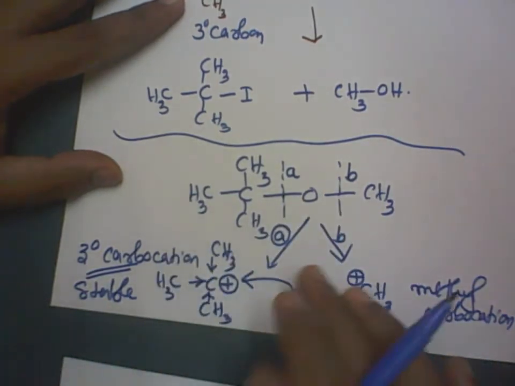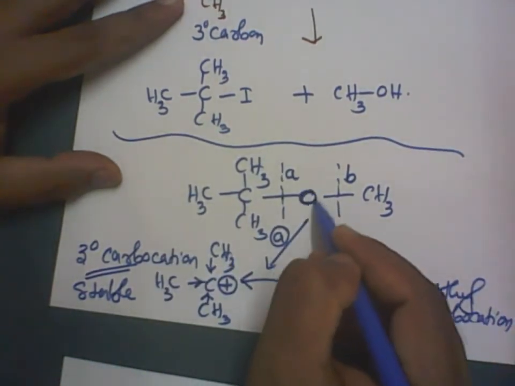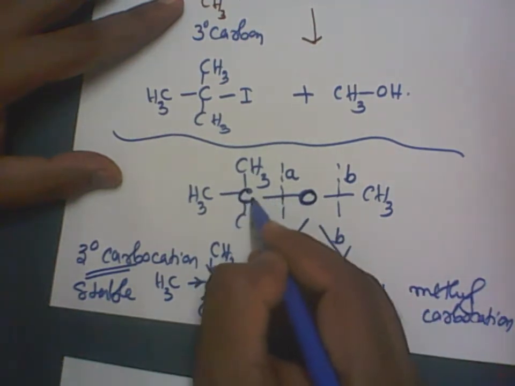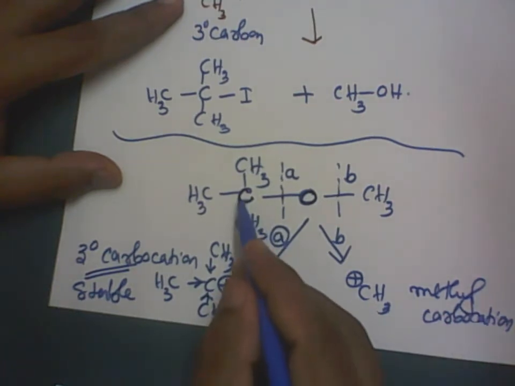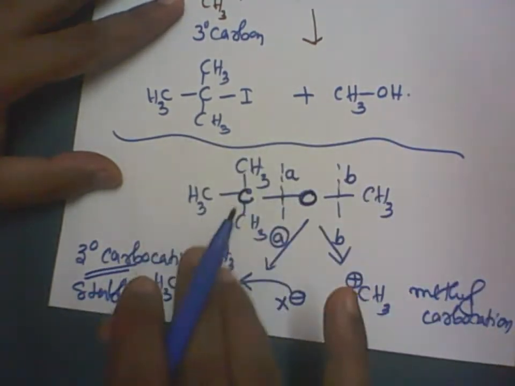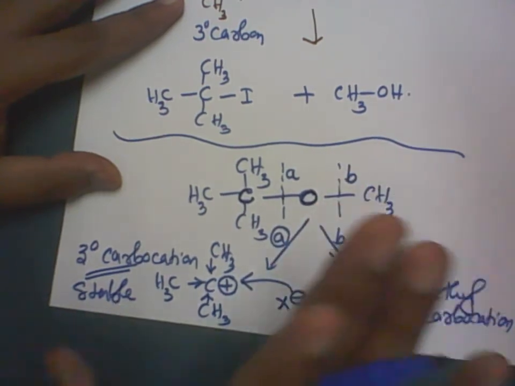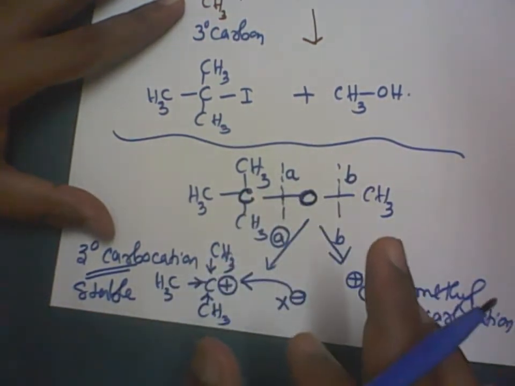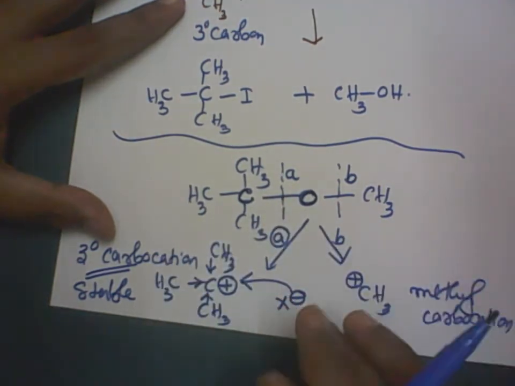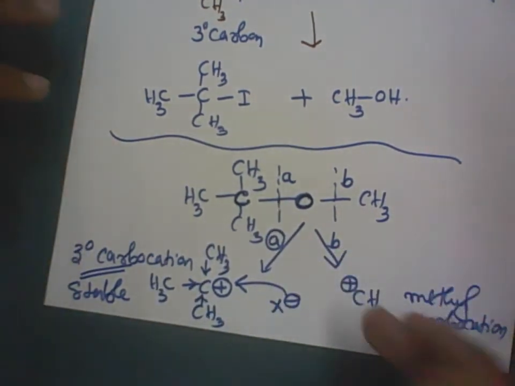So this is the reason. Whenever oxygen is attached to a tertiary carbon atom, the nucleophile I minus goes to the tertiary carbon atom only, in the reaction of ether with HX, after breaking the carbon-oxygen bond, not the other way around. Clear? Let us solve some more problems now.